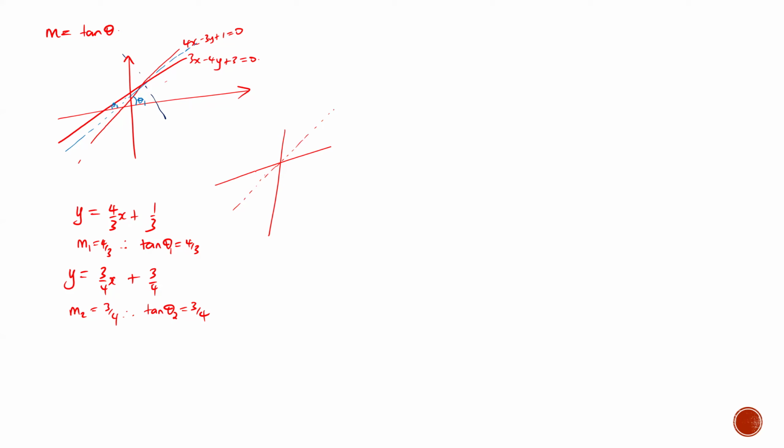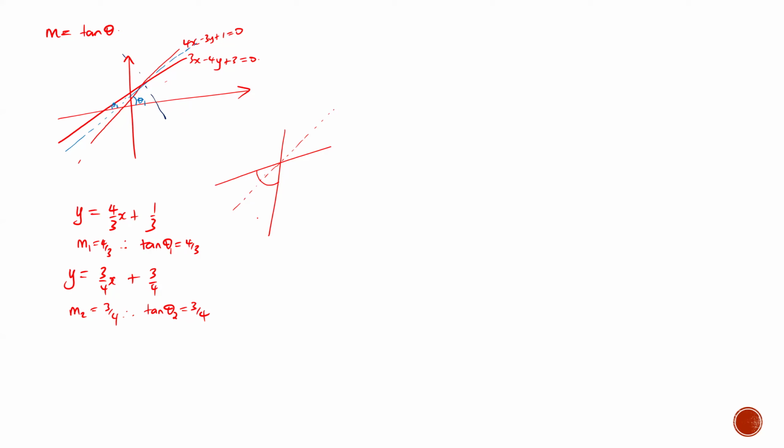If I can get the size of this angle and then divide it by 2, because a bisector splits the angle into 2 equal sections, I can add it to the smaller angle or subtract it from the bigger angle, and then I'll be able to get the gradient of the line, which is the angle bisector. And I know that the angle bisector goes through the intersection of the two lines. So I'll have a point on the line and the gradient of the line.